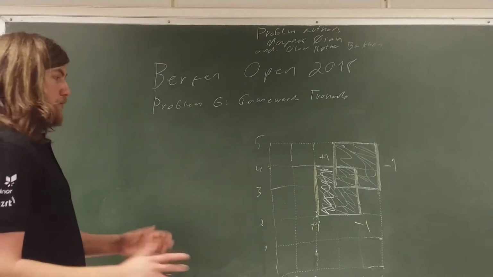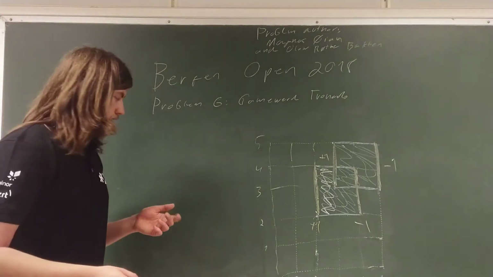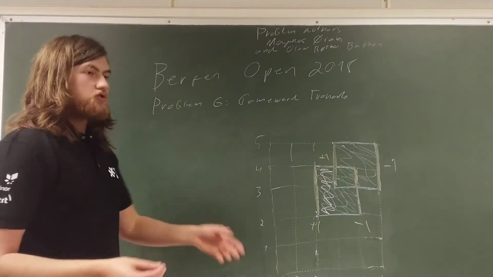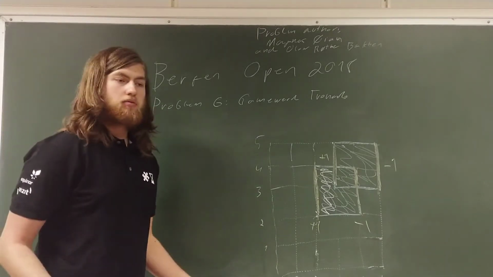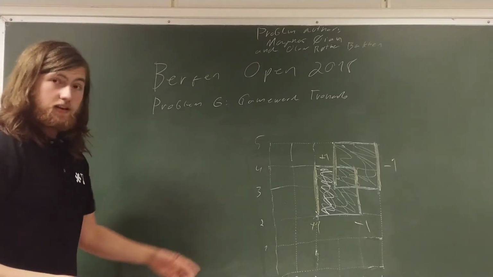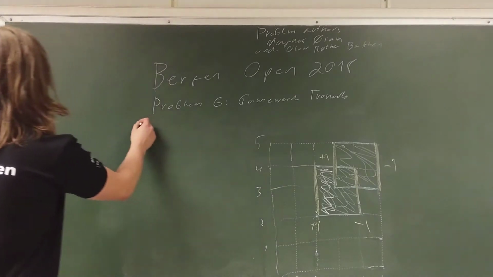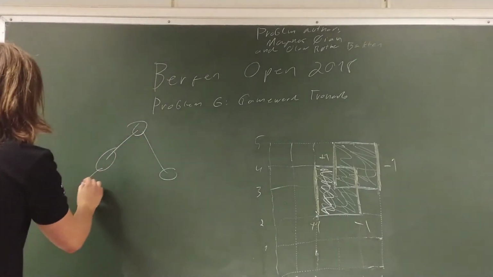So we can do it in a better way by using a segment tree. A segment tree is a very nice data structure that lets us update multiple values and read multiple values in log n time, which is exactly what we need. In this case, we would construct a segment tree that looks something like this.